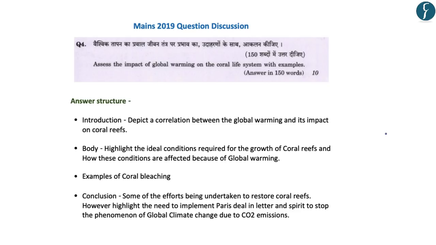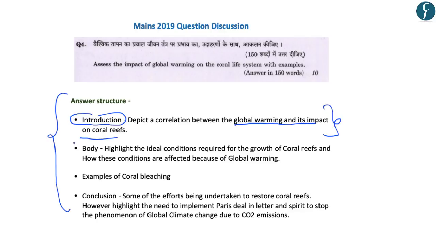Some of the points that were discussed in the DNS focus and the mains Compass could have been used in answering this question, and a possible answer structure could have been this. In the introduction, you could have depicted a correlation between global warming and its impact on coral reefs. This relationship could have been established based on any important study published in the past 2 to 3 years.